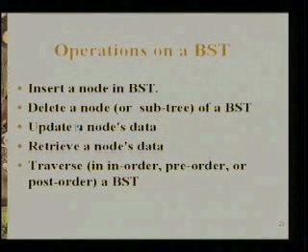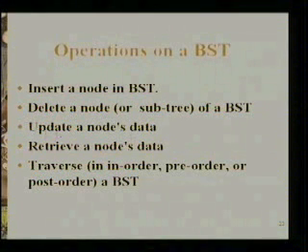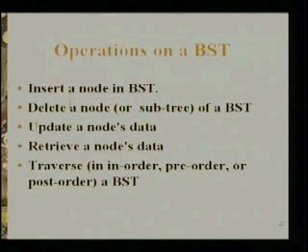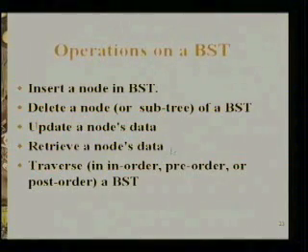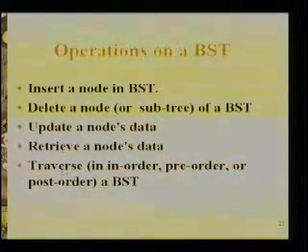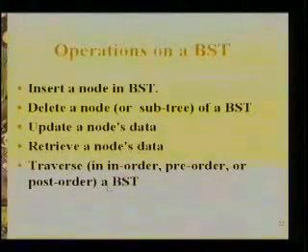So it tantamounts to saying we might have to delete that particular node and reinsert it. Okay, there may be a possibility of that kind. Retrieve a node's data. If you want to retrieve some data from a node, that is what you got to do. And finally, you would like to traverse, which may be in-order, pre-order or post-order in a binary search tree. So these are the common operations which you would like to have on a BST.